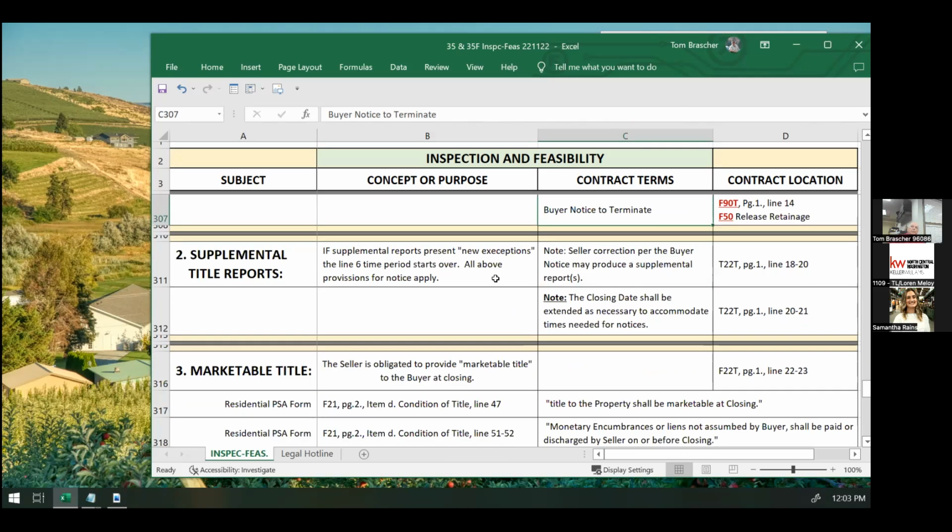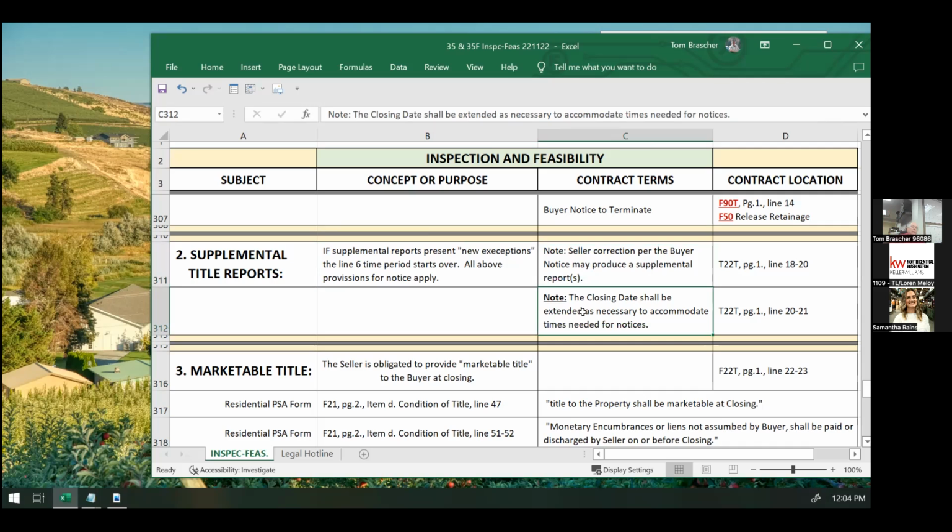There's an item 2 in the form, supplemental title reports. If a supplemental title report is issued during the period from mutual to closing, the seller's correction or the buyer's notice may produce a supplemental report. So if the seller agrees to make the change for the buyer, and that change is made, and then that supplemental report is issued, then this kicks in, and first off, it restarts the time clock.